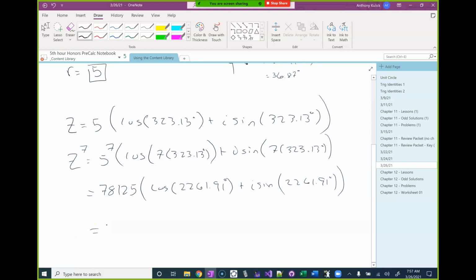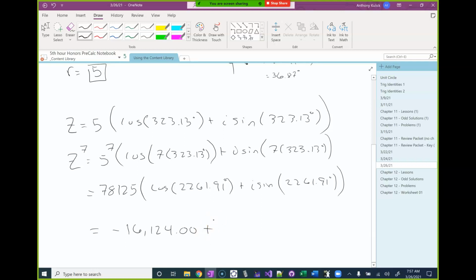So I'm going to do 78,125 times cosine of 2261.91. And that's going to give me my real term. So that's negative 16,124, and I guess it rounded .00.